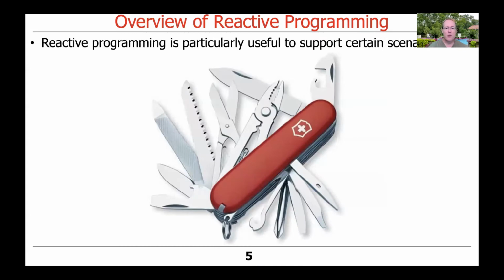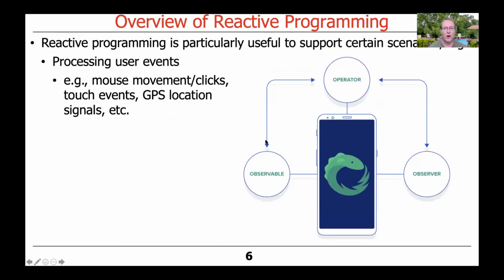So reactive programming is particularly useful to support certain types of scenarios. What would those be, you might ask? Well, one of them involves processing events that come in from users. For example, if you're programming on a mobile device or a user interface on a desktop or a laptop, then you have various things that users provide as input: mouse movements, mouse clicks, touch events.